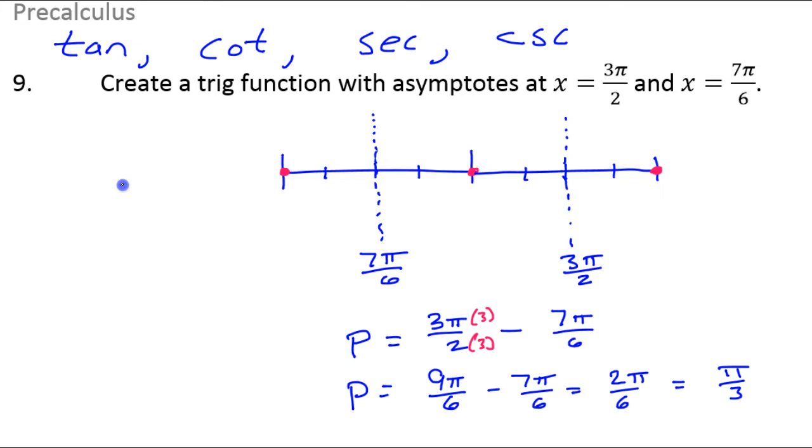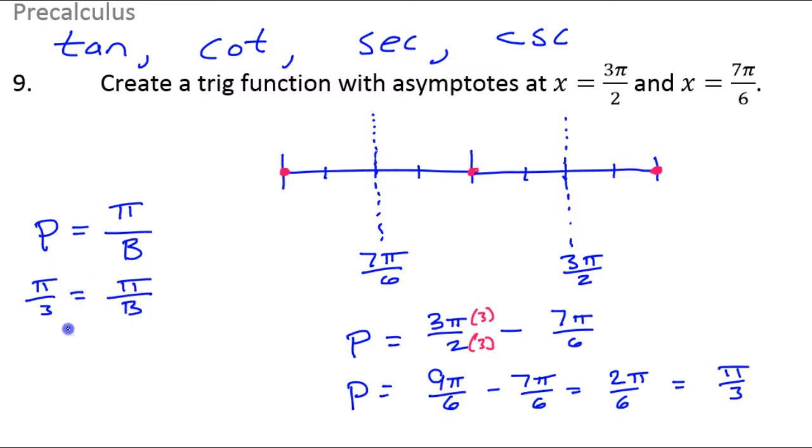The reason I needed that was so I could find the b value. The period is always the regular period divided by the b value. So for tangent, the normal period is pi. So the period should equal the normal period divided by the b value. But this period is pi over 3. So that means pi over 3 should equal pi over b.